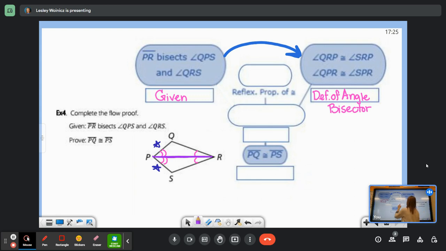So we can just say PR is congruent to PR because of the reflexive property of congruence. Now I've got angles, an included side, and another set of angles. So I have angle, side, angle.